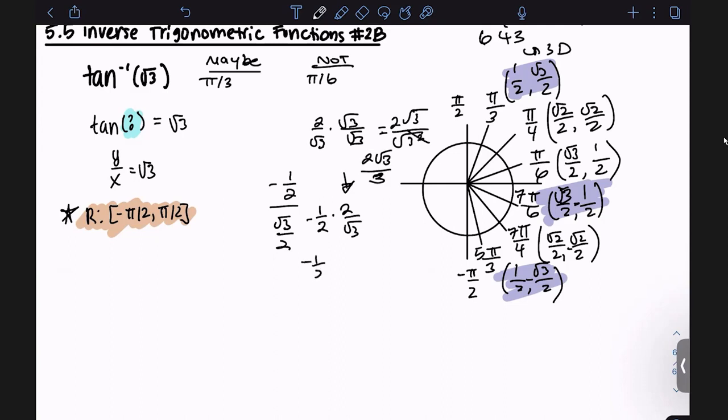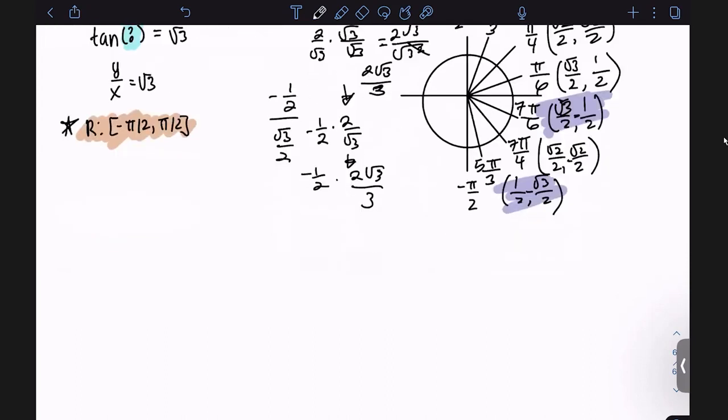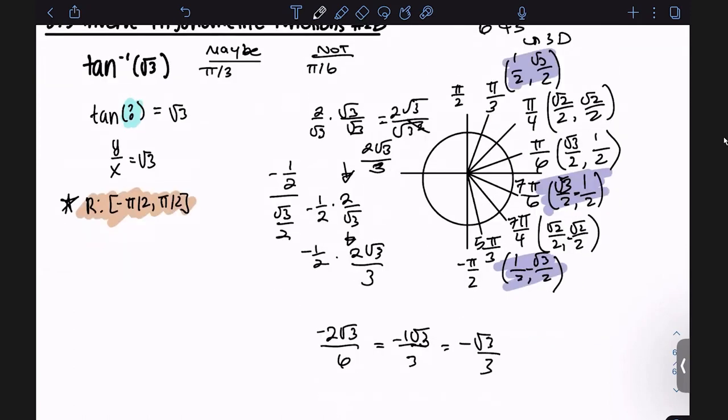So it's really just negative 1/2 times 2 square root of 3 over 3. Then that just becomes negative 2 square root of 3 over 6, which is negative 1 square root of 3 over 3, which is negative square root of 3 over 3, which is not equal to the square root of 3. So 7 pi over 6 is also on the not option.